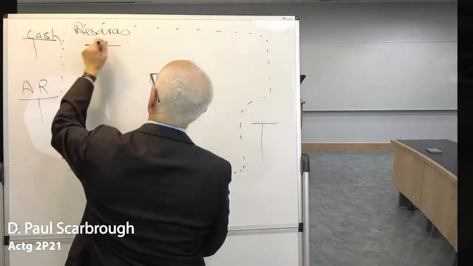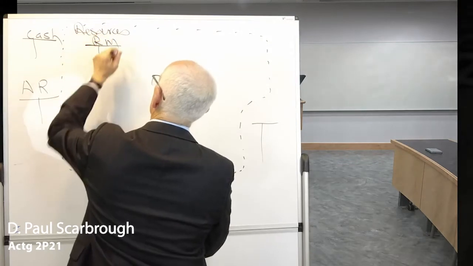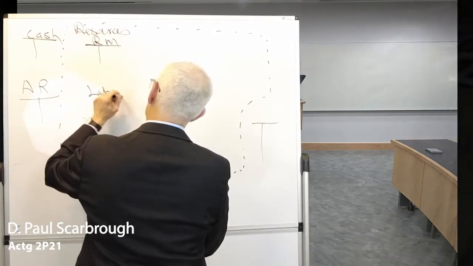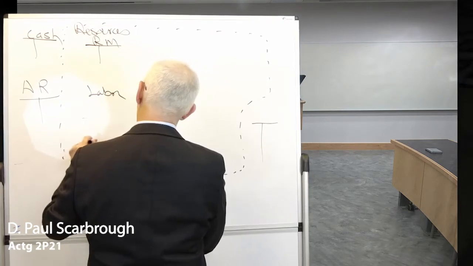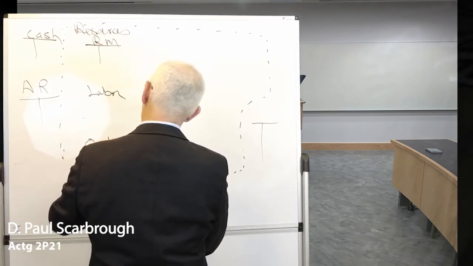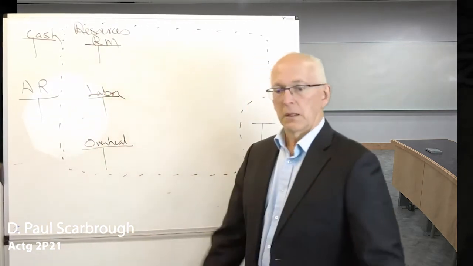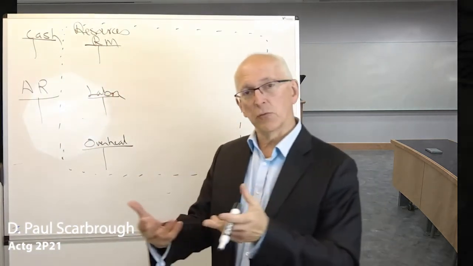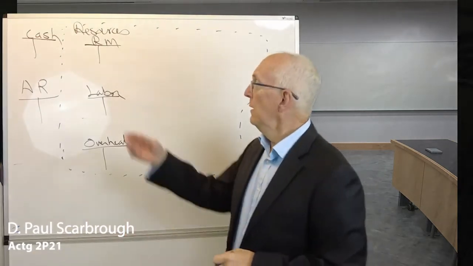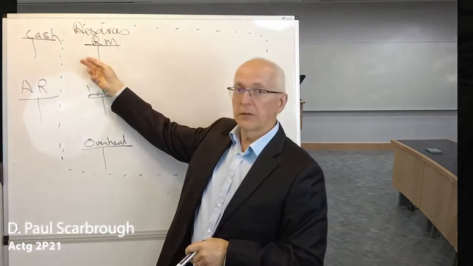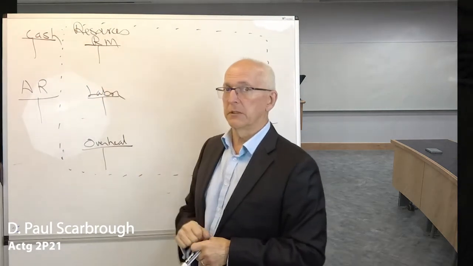Okay, what we're going to buy is raw material. We're going to buy labor. And we're going to buy overhead. We pay for them because we want to use the services. So for most of you, it's going to be easy to see raw material as an asset when we buy it.